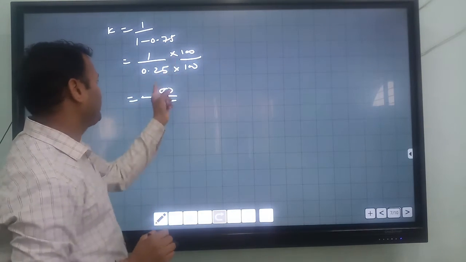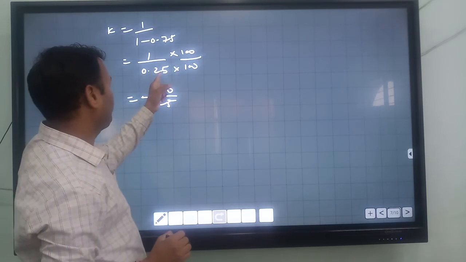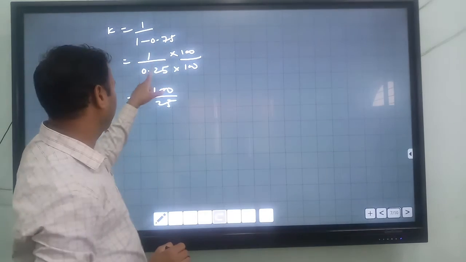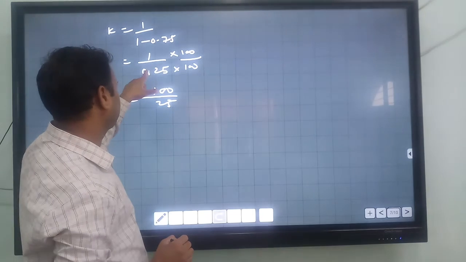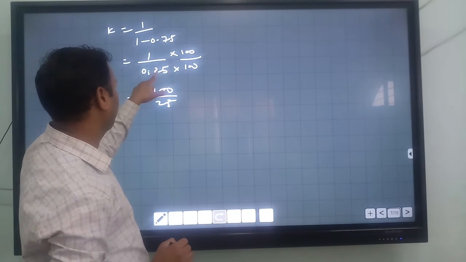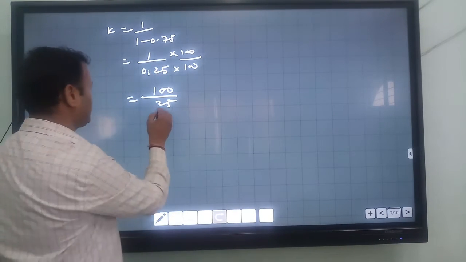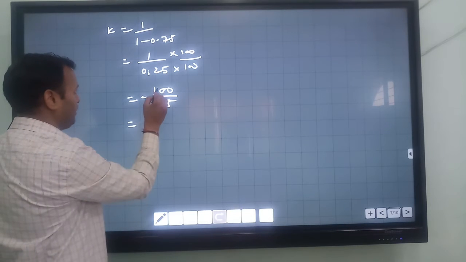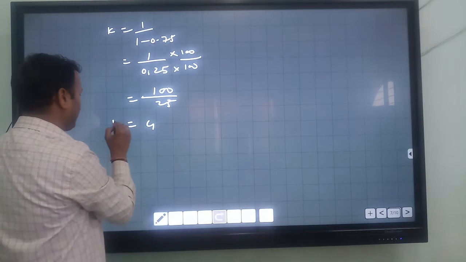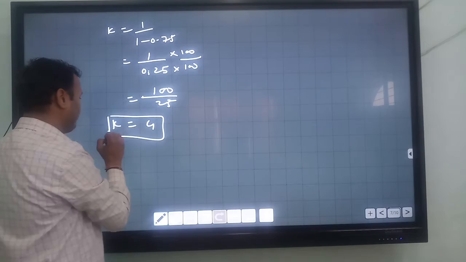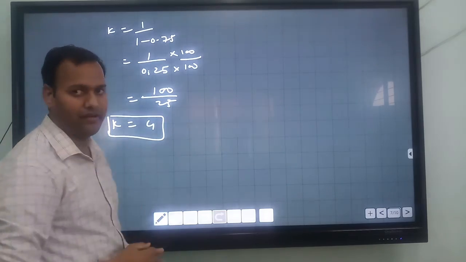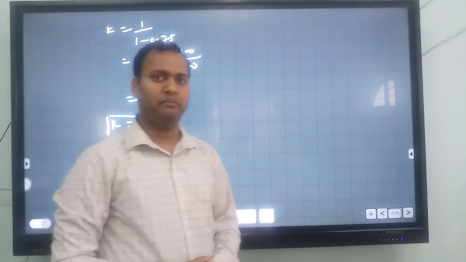So 1 into 100 is 100, and 0.25 into 100 is 25. So 100 upon 25, that is what? 4. This is the value of the investment multiplier.